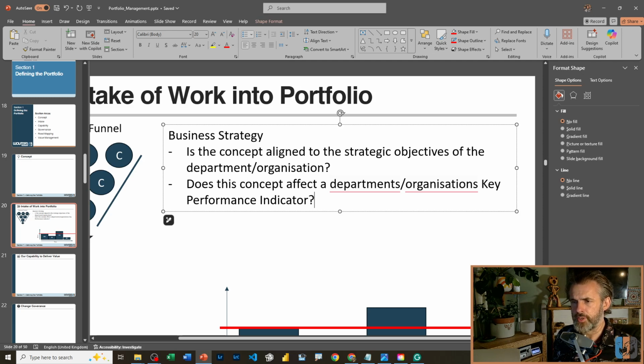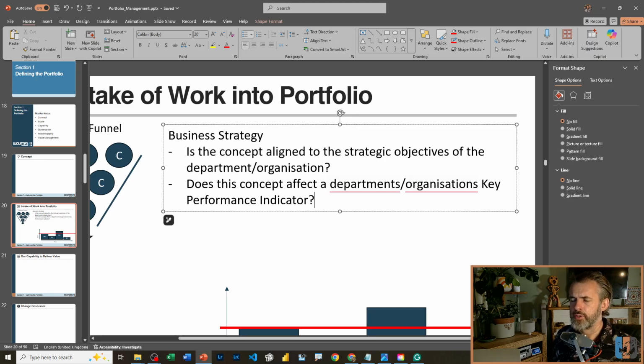So I do think this question adds value, because if someone's saying that it's strategically aligned to their objectives, but there is no key performance indicator, then actually maybe that is a valid outcome, because maybe it's a new performance measure that needs to be implemented, and then that's a whole thing in itself as part of the project or the deployment of the product, depending on how you'd want to deploy it, to introduce a new performance indicator. So yeah, I think that's a very relevant question.